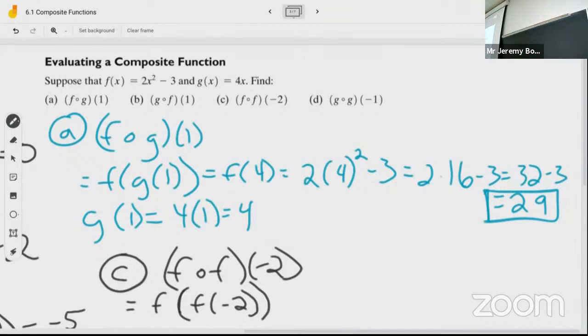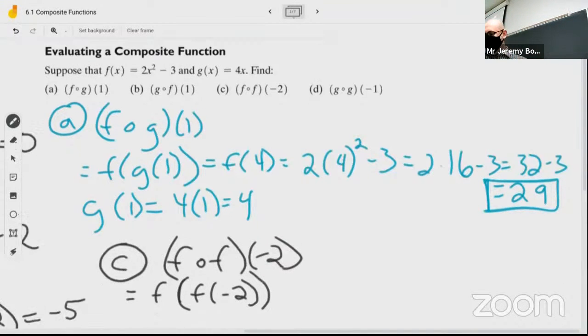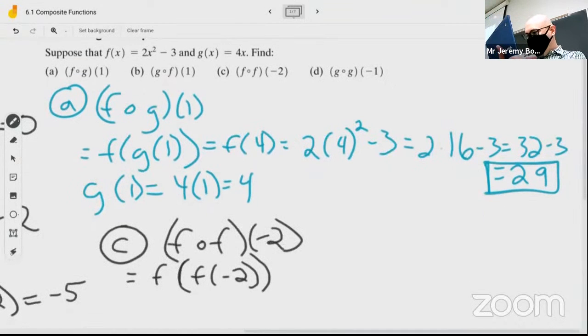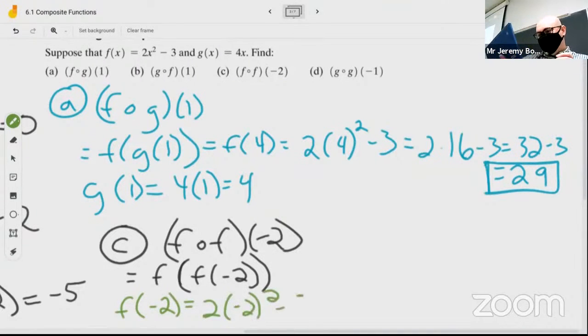So what do we need to find first? F of negative 2, which is going to be 2 times negative 2 squared minus 3. That's 2 times 4 minus 3, 8 minus 3, which is 5.